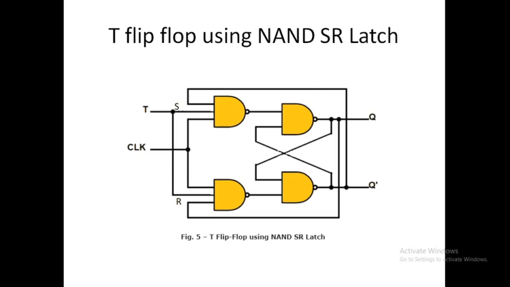When the T input is high during the positive transition of the clock cycle, then T equals 1, present state 0, next state 1, that is toggle, and with T equal to 1, then the next state will be 0. The trigger changes the state and reset input alternately, so the flip-flop toggles. The T flip-flop is called a frequency divider circuit because it produces the output at half of the input frequency. So it is used as a frequency divider.